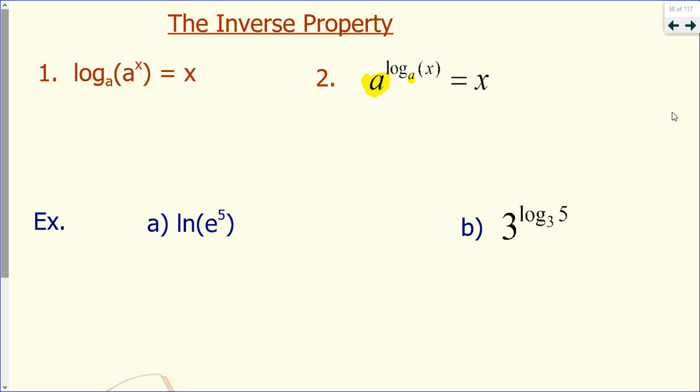So take a look at example A. We have natural log, or ln, of e to the fifth. That's the same as log base e of e to the fifth, because we know natural log is log base e. Since the log base and the base of the exponential are the same, they're both base e, the answer is just 5.